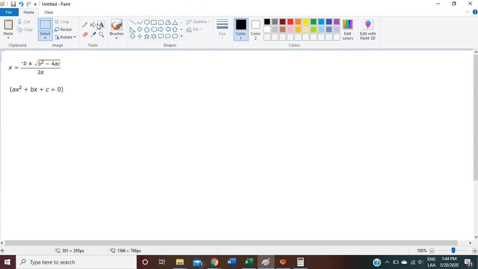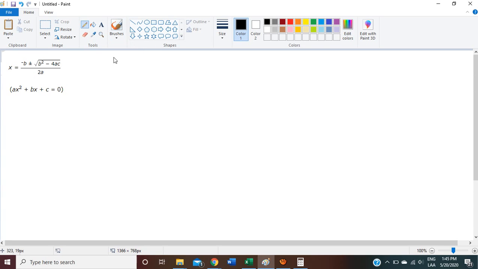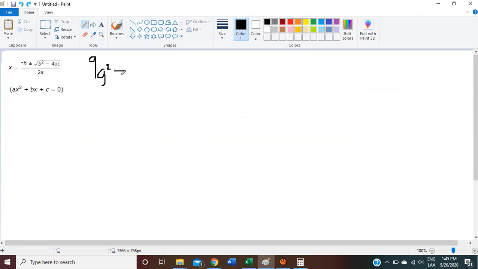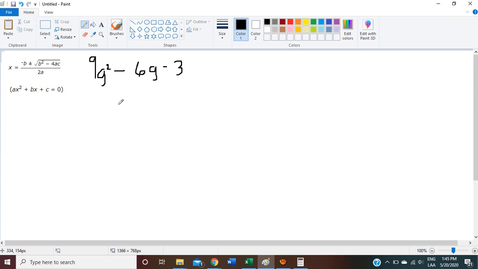Okay, so now we have 9g squared minus 6g minus 3. Yeah, it's a 3, right? So we're going to substitute into the general formula. Remember, this is A, this is B, and this is C.